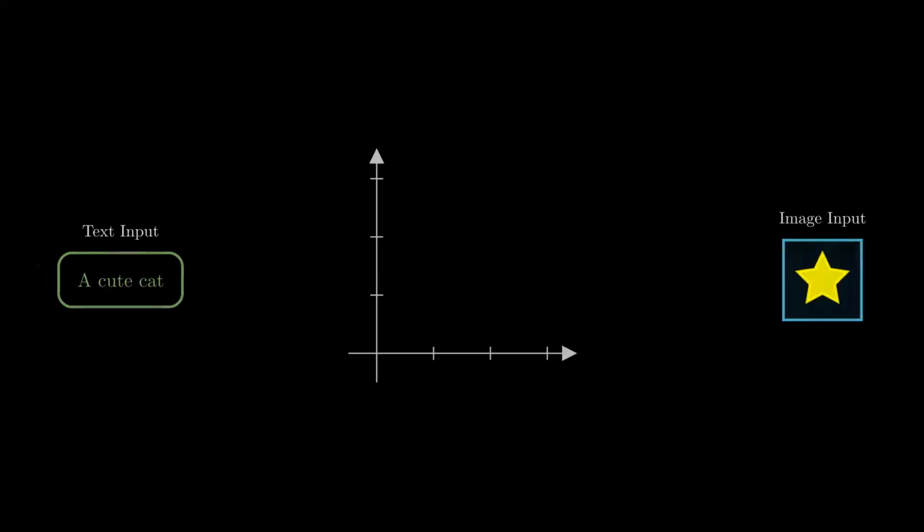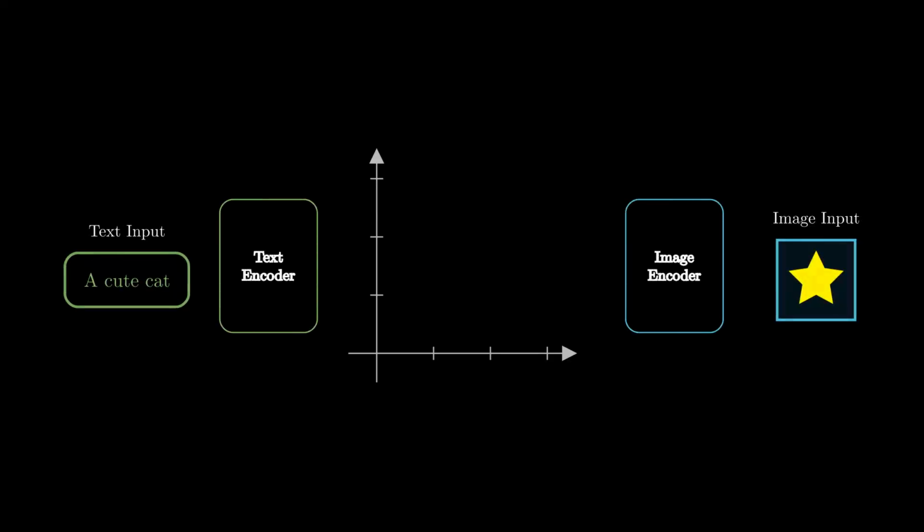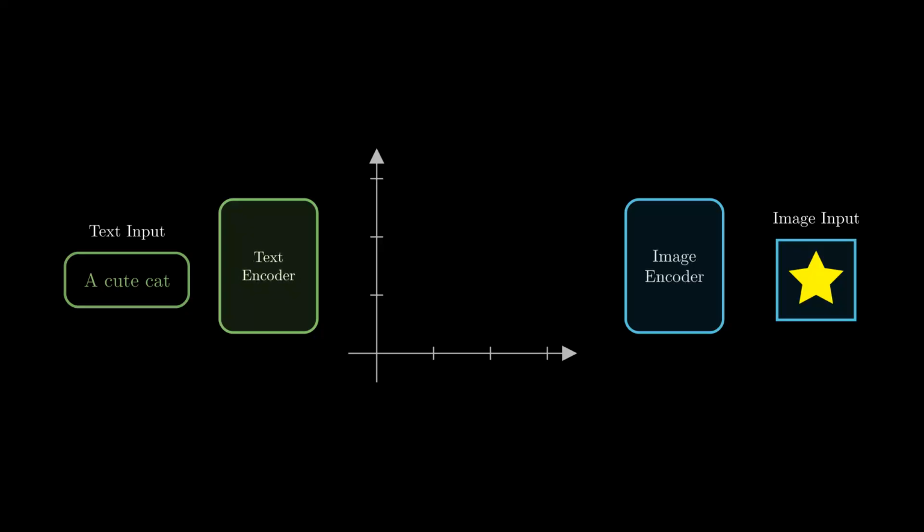On the other, we have raw pixel data, an actual image of a cat. To the computer, these look nothing alike. So, to bridge this gap, we use specialized neural networks called encoders. We have a text encoder to process the language and an image encoder to process the visuals. These encoders act as translators. They take these raw inputs and crunch the numbers, condensing the information into a mathematical vector.